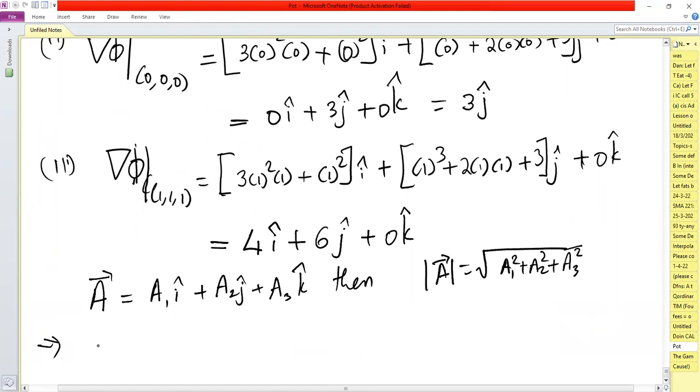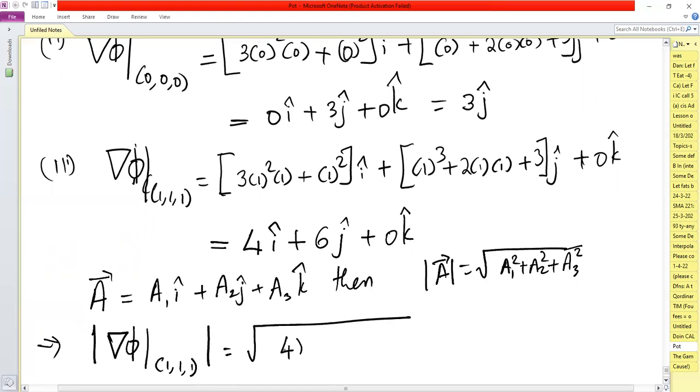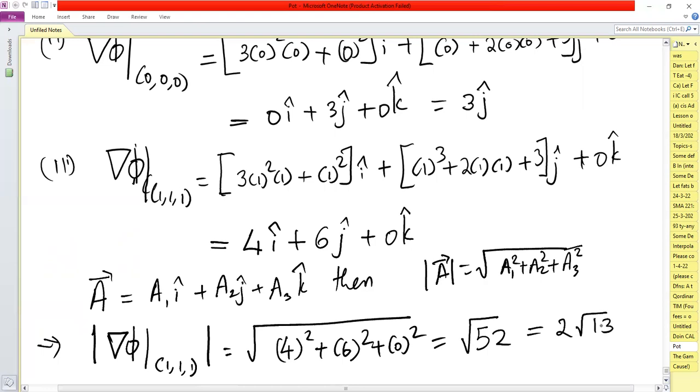So this means the magnitude of the gradient of phi at 1, 1, 1 is simply the positive square root of 4 squared plus 6 squared plus 0 squared, which is 16 plus 36, so the square root of 52, which can be written as 2 root 13.